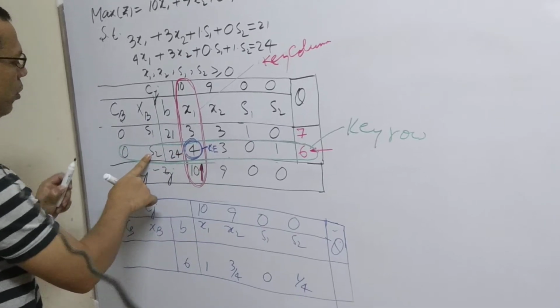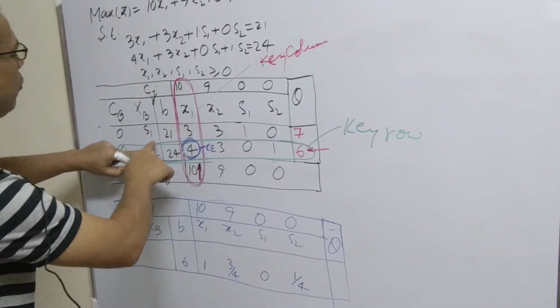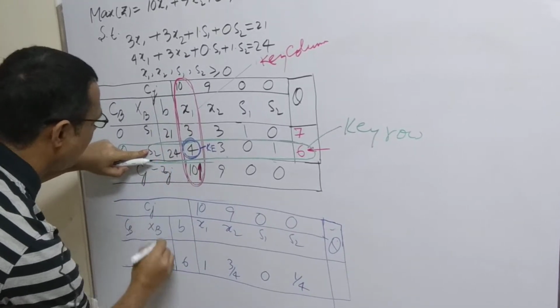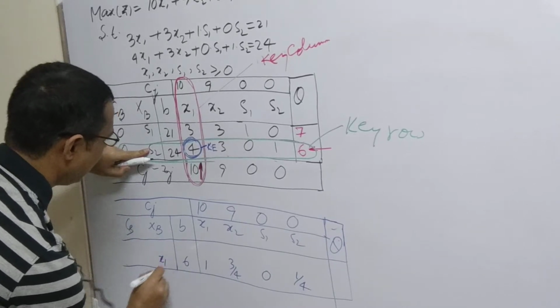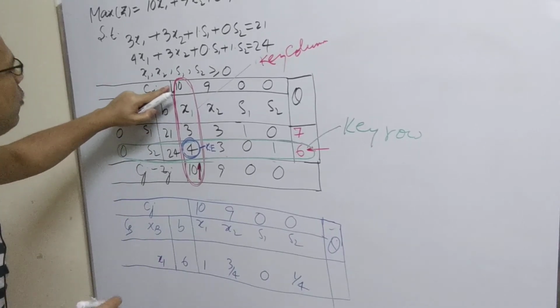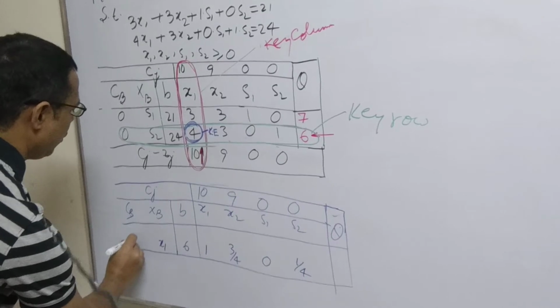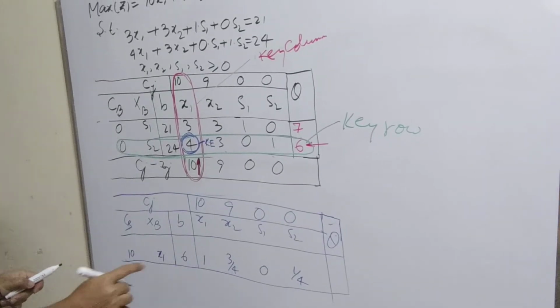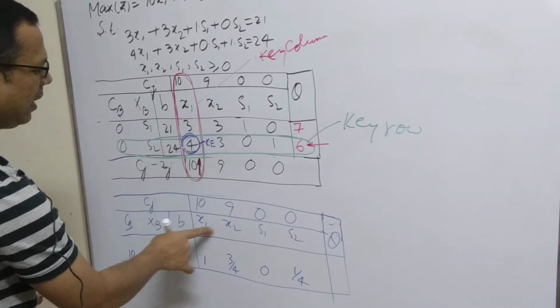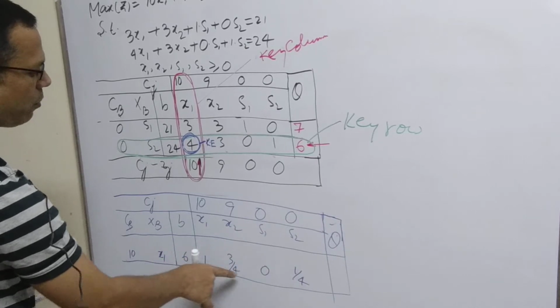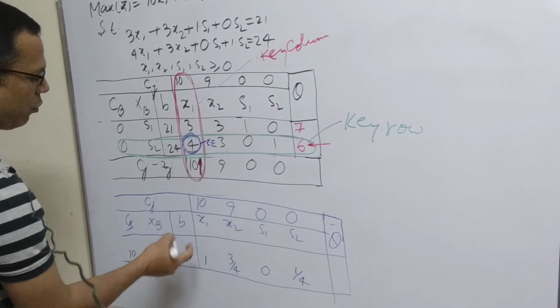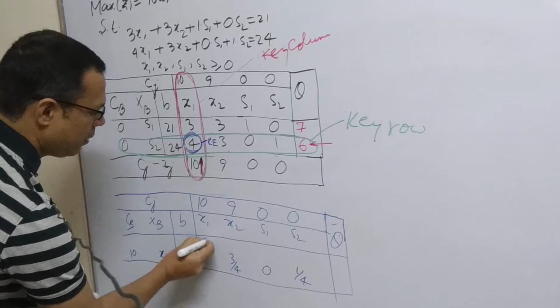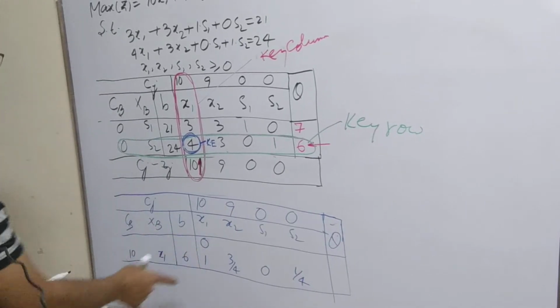It means x2 is going to leave the basis and x1 is going to enter into the basis. It means in the place of x2 you need to write x1 and its respective coefficient, the coefficient of the basic variable, because x1 and x2 are going to be changed into the form of a unit matrix. So now x1 is going to change into the form of a unit matrix. Now we can put 0 here, because this one is already decided.